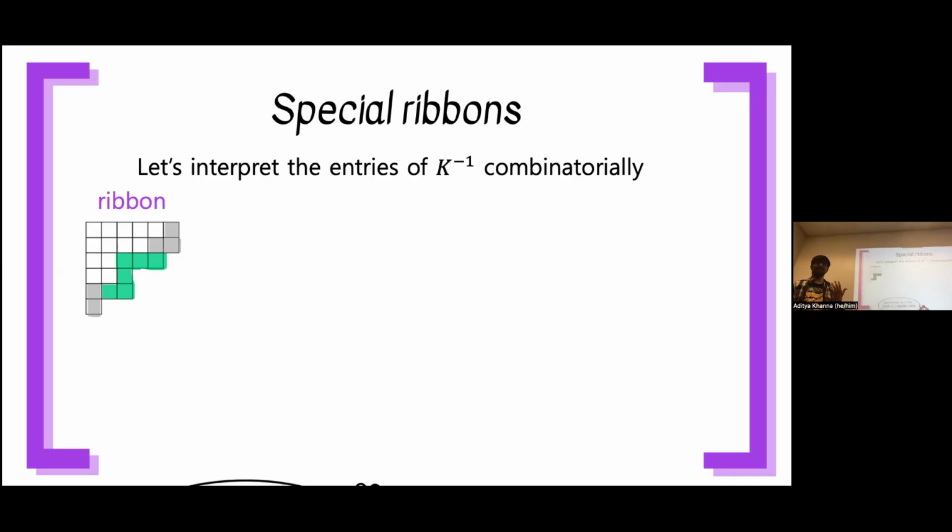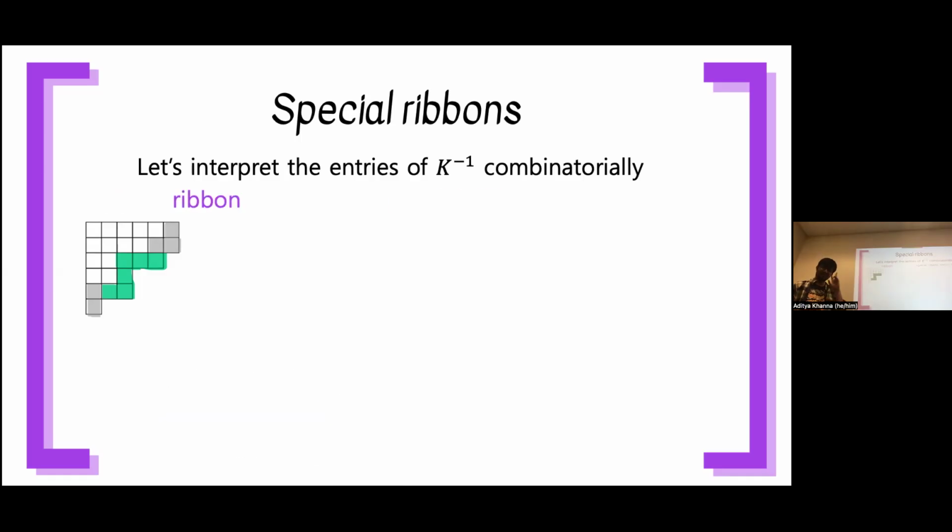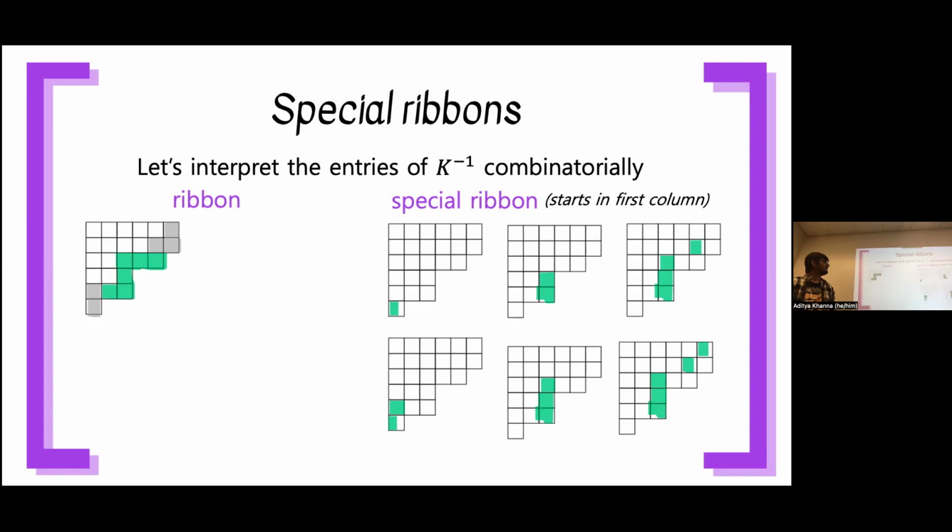And the thing is, it's also called a rim hook and border strip. So if I say some word like that, you know what I mean. A ribbon is called special if it starts in the first column. So its bottom left cell is in the first column. And if I have all of these guys, these are all the possible special ribbons.